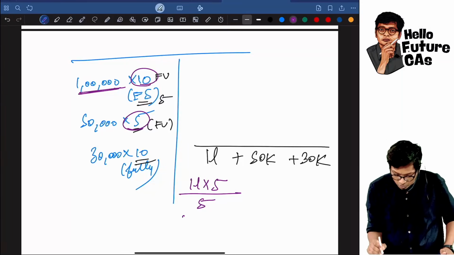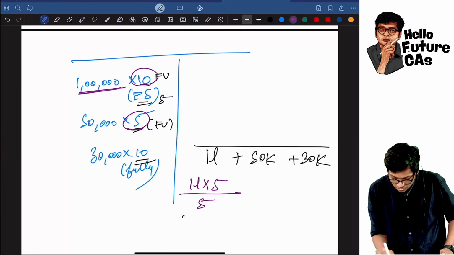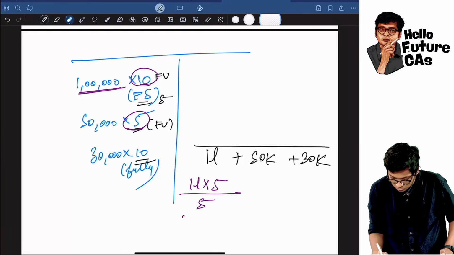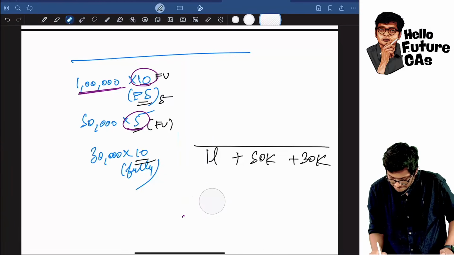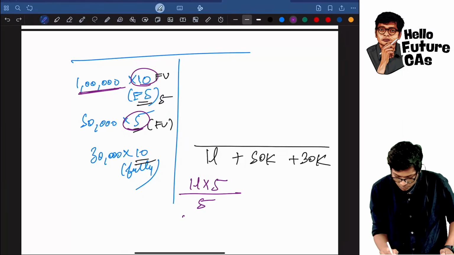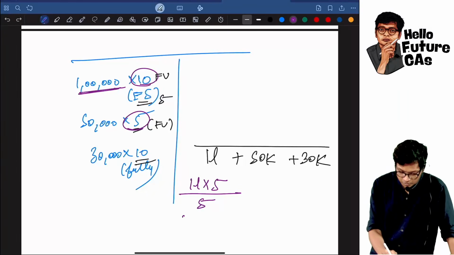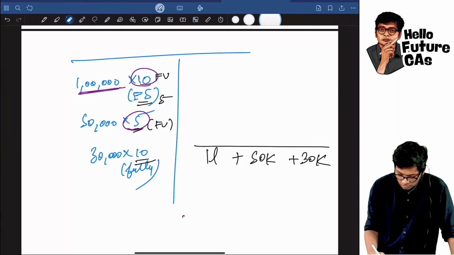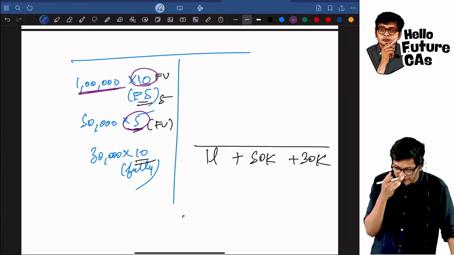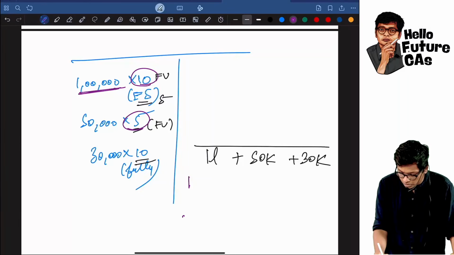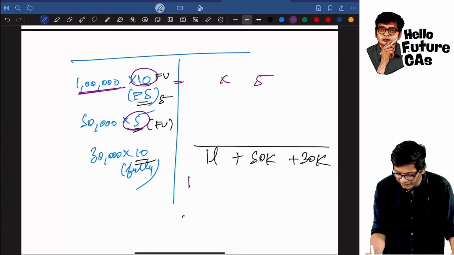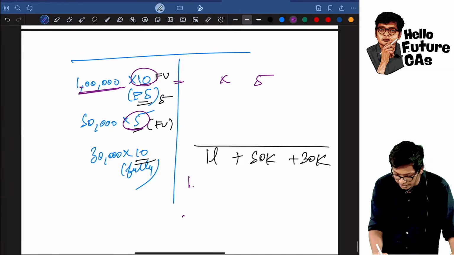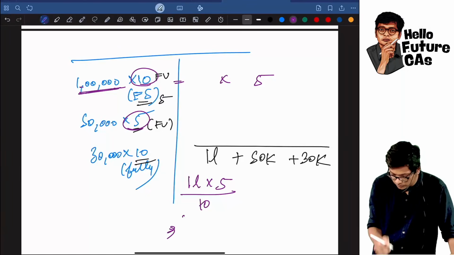Same 1 lakh. Okay, no. Hold on 1 second. Paid up value. So it has to become shares of 5 worth. So 1 lakh into 5 by 10, correct. How much are you getting?